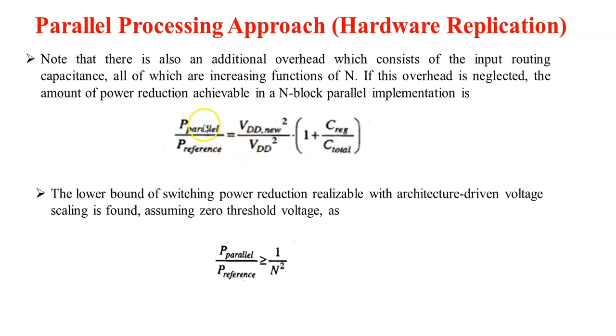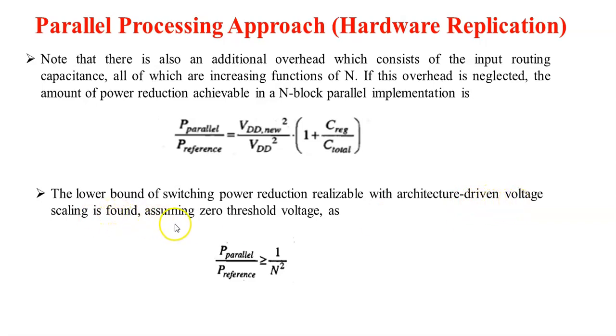So by getting the ratio, that is equal to VDD nu square divided by VDD squared into 1 plus C register divided by C total.